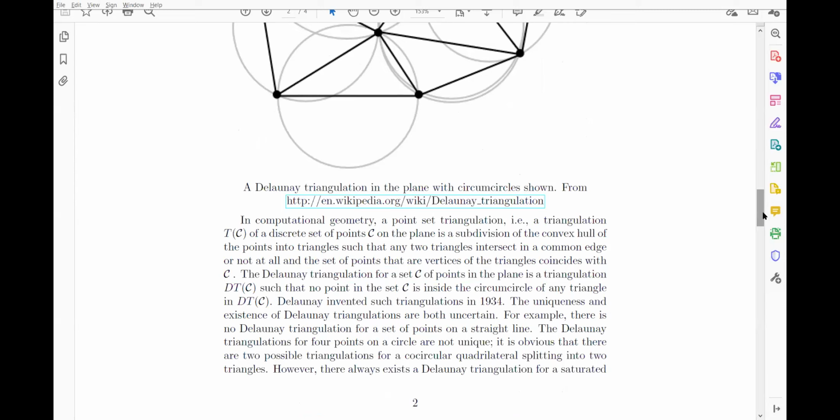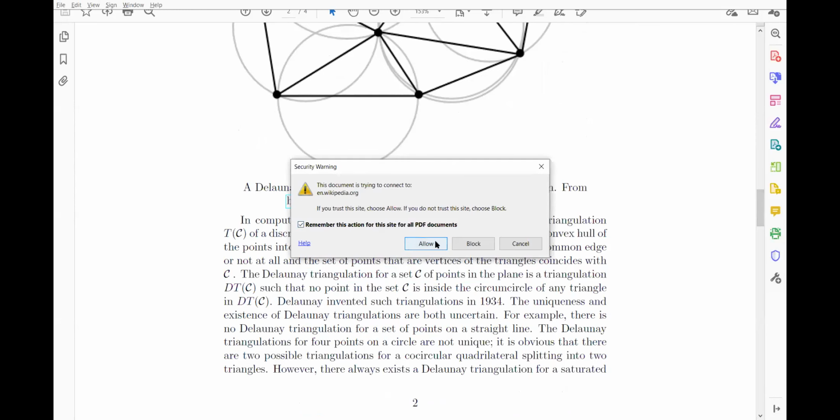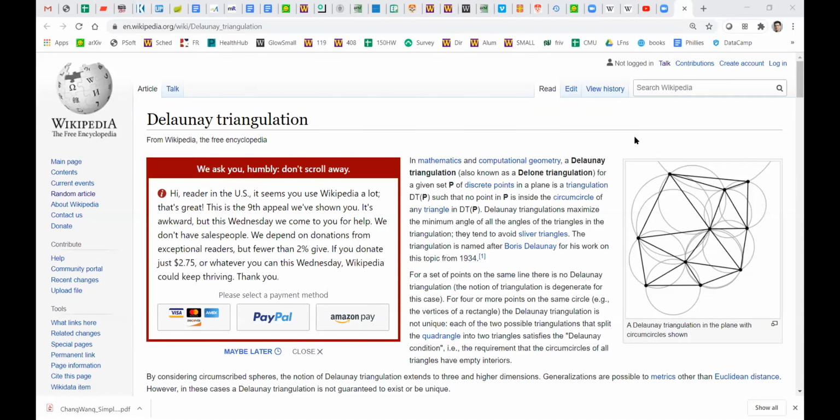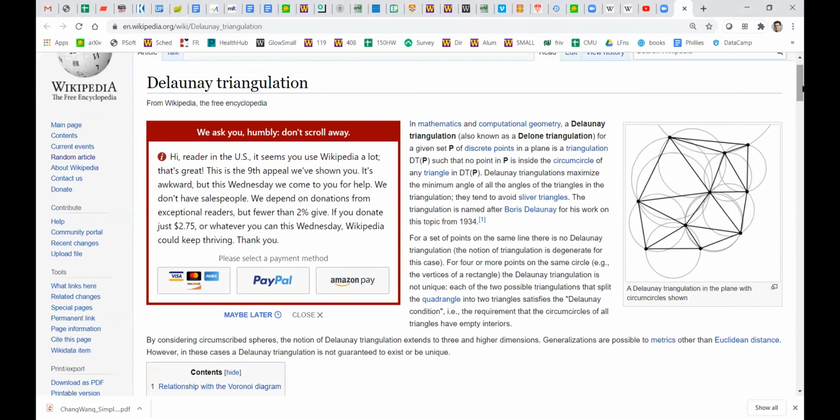Now, what's nice is this paper has a link that you can just click on. And so you can click on what is the Delaunay triangulation, and that picture should look very familiar. It was taken directly from Wikipedia. It just goes through and explains.